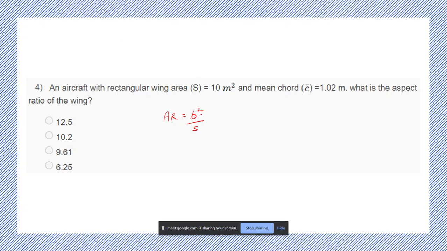How do we go about doing this? So it's a rectangular wing. So let's just write this again. Let's just expand it. So it will be B cross C. Area of a rectangular wing is... what is the area of a rectangular wing?